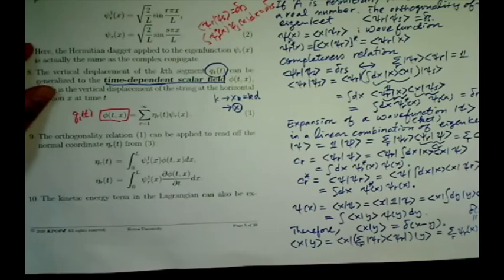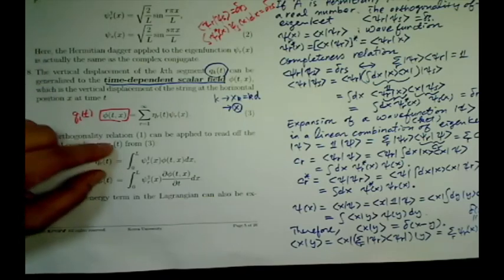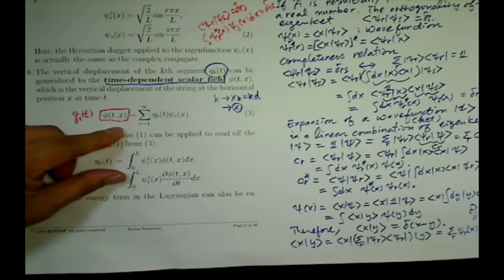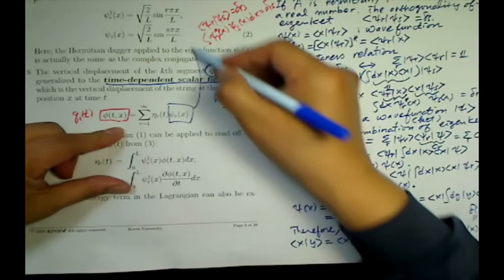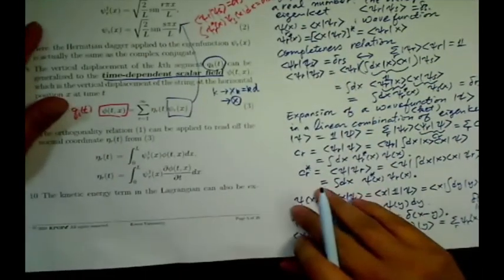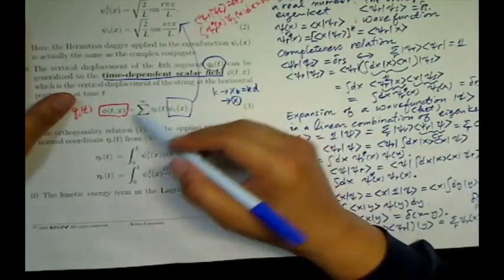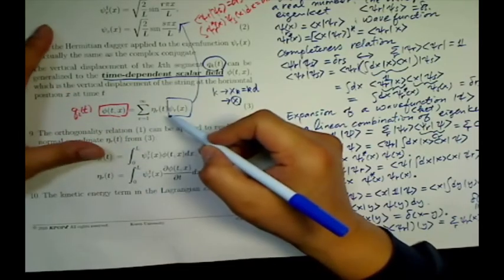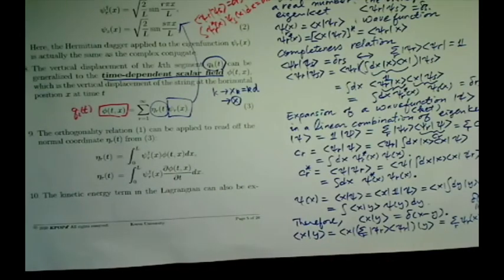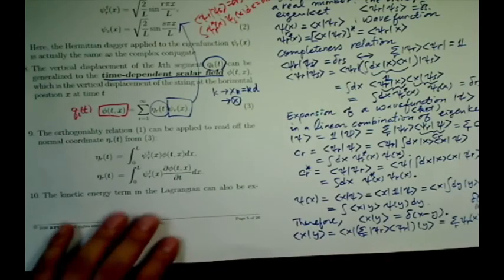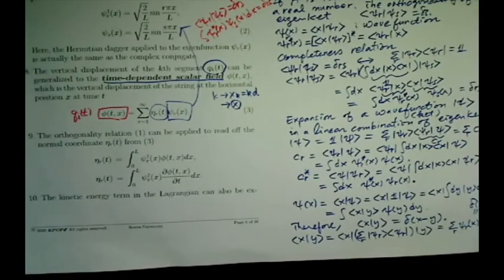And we already obtained that this one is completely expressed as a linear combination of eigenfunctions, and those eigenfunctions are given in here, right? And all of the time-dependent factors are contained in here. So this is a kind of separation of variables, and we have already proved it is true. And how can I obtain this normal coordinate?